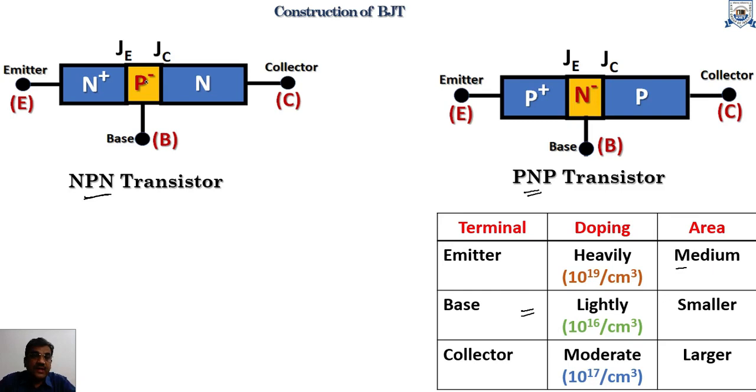It has two junctions, namely the emitter junction and the collector junction. The junction between emitter and base is also called the emitter base junction. The junction between collector and base is called the collector base junction.